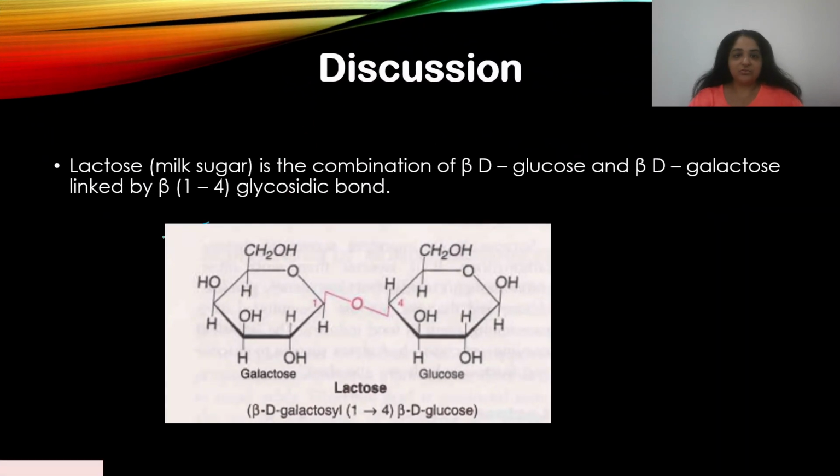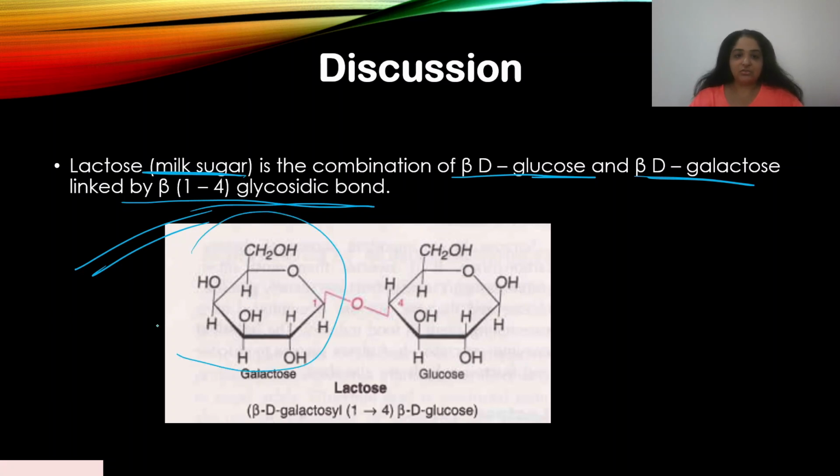Here you have a structure of lactose, which is also known as milk sugar. So if they even write milk sugar, you know they're talking about lactose. It is a combination of beta-D glucose and beta-D galactose linked by a beta-1,4-glycosidic bond.